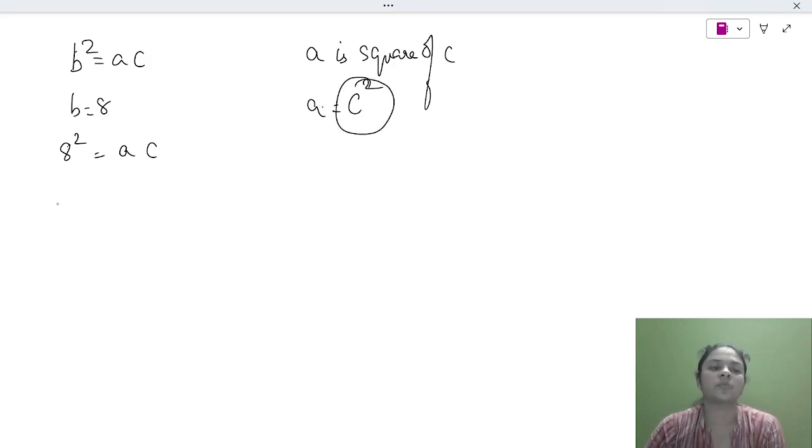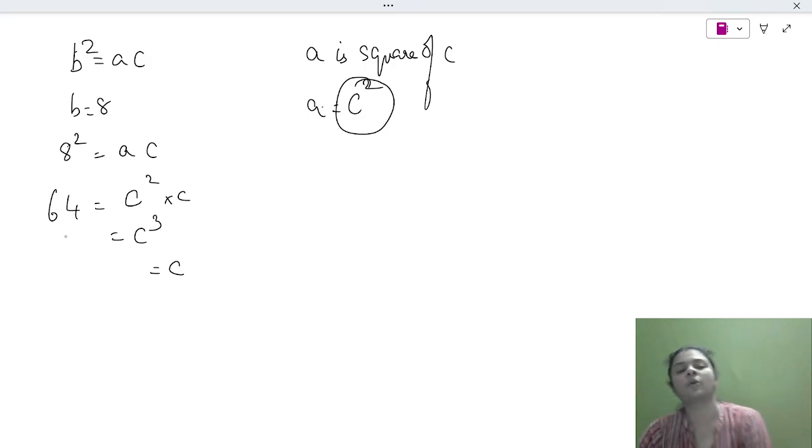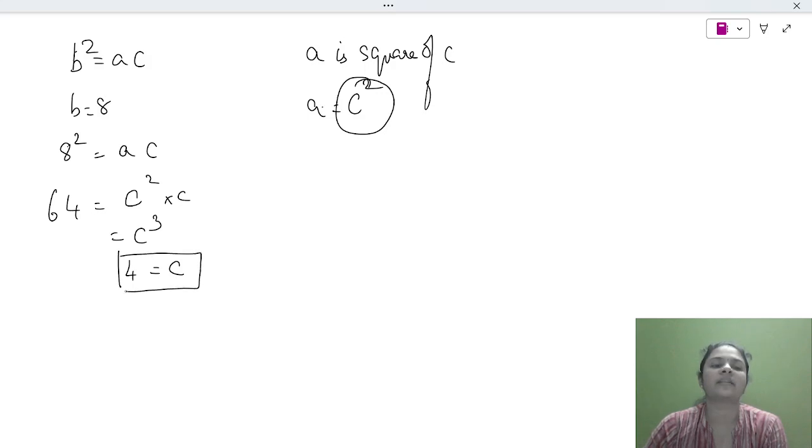So, 8 square is 64, equal to C square into C, which is C cube. Now, taking cubic root on both sides, you will get C is equal to cubic root of 64. What multiplied 3 times will give you 64? 4. 4 into 4 into 4 is 64. Therefore, the value of C is equal to 4.